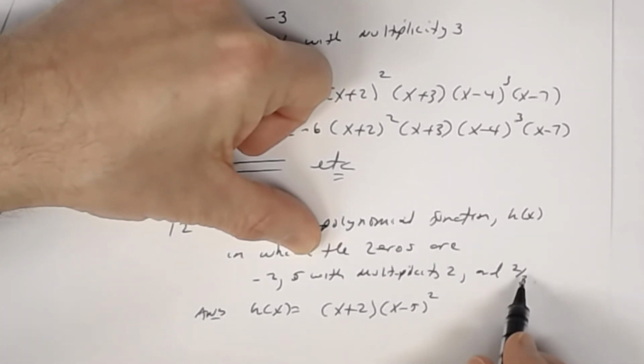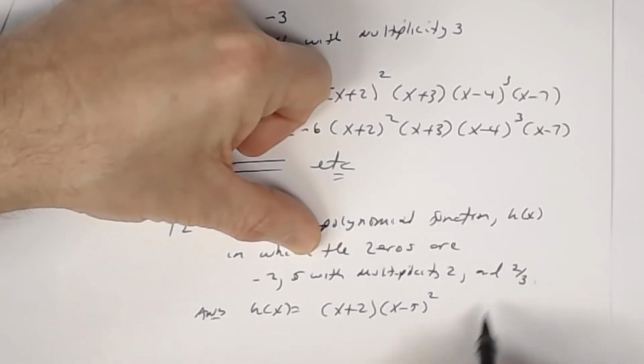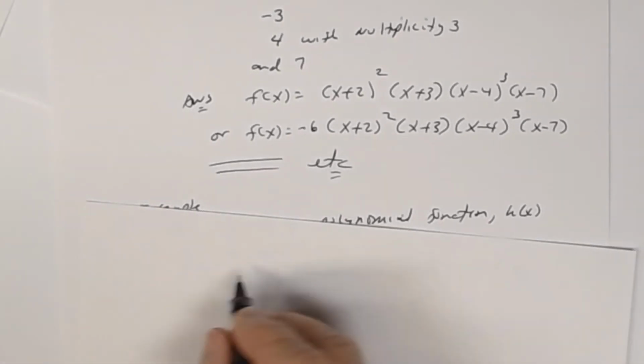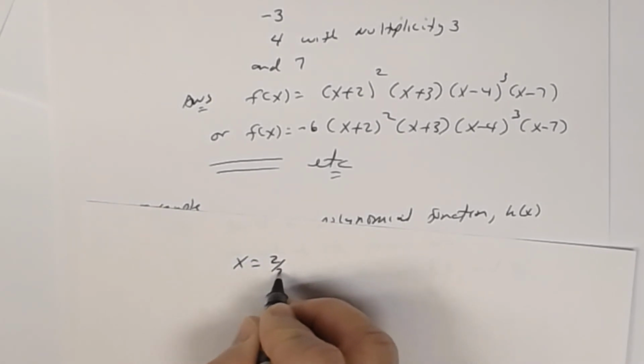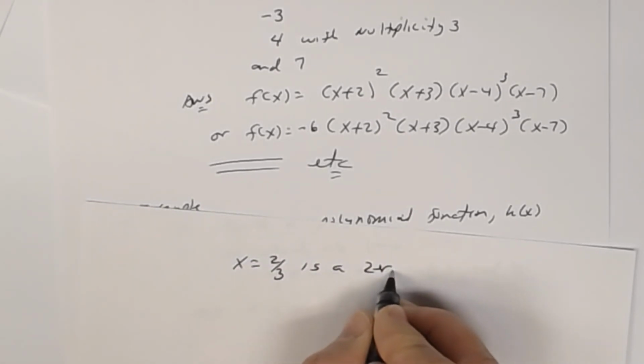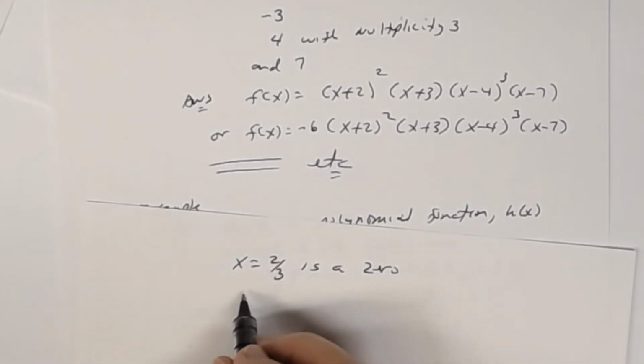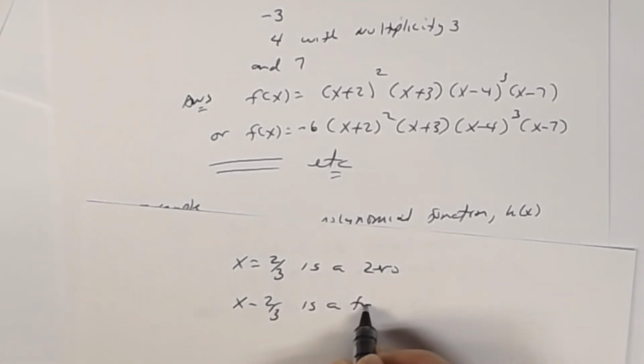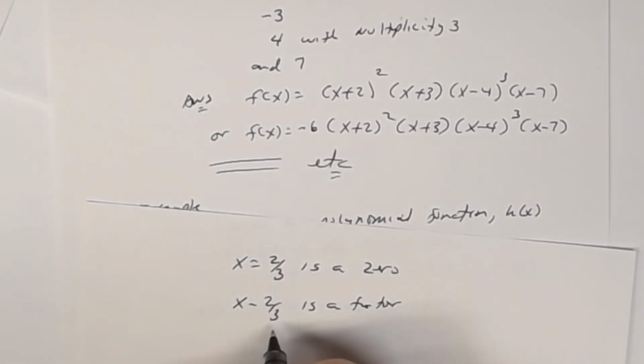Now, be careful here. Don't say x minus 2/3, because remember, I want you to say this. If x equals 2/3 is a 0, then that means x minus 2/3 is a factor, but clear the fractions.